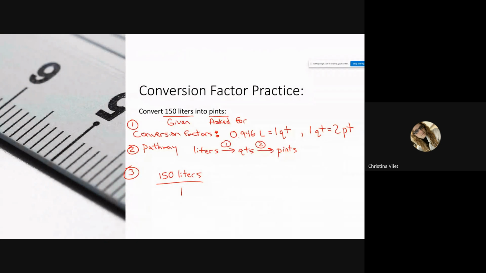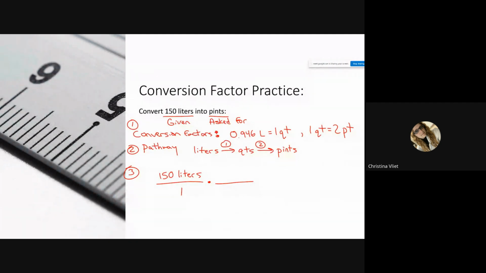Then we write our first conversion factor. Our first conversion factor is from liters to quarts. Now this is the most important part. If you don't get this, this is going to hurt, because the whole strategy is right here. We have a conversion, 0.946 liters equals 1 quart.